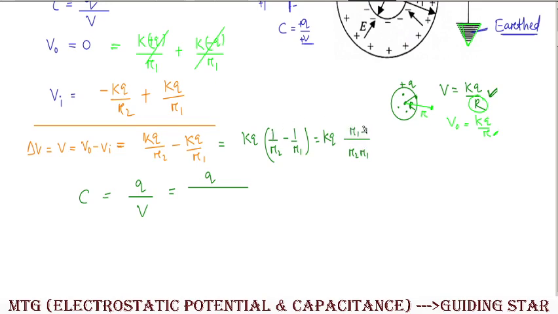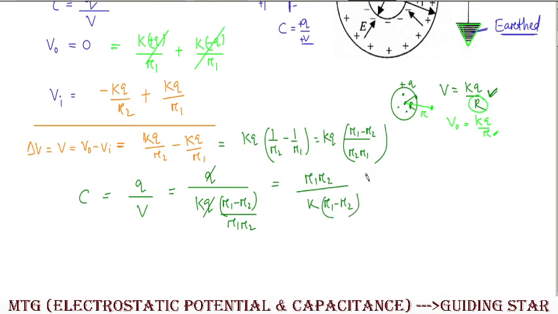so here it will be R1 minus R2. Clear? So finally, if we put this value over here, it will be KQ into R1 minus R2 all divided by R1 R2. Q will get cancelled out, so finally it will be R1 R2 whole divided by K into R1 minus R2. Clear?